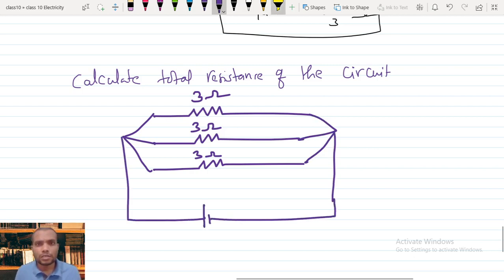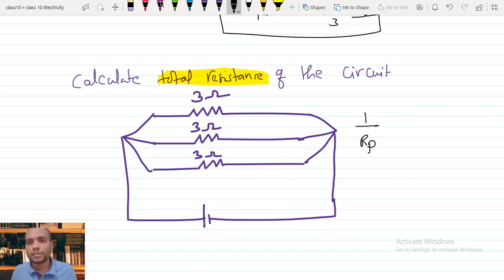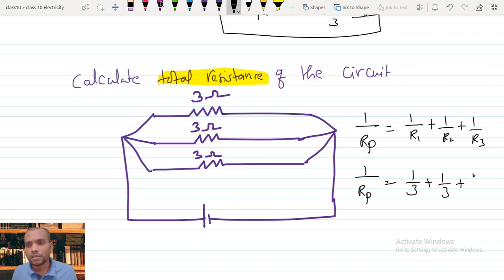We need to find the resultant resistance. What is the total resistance? Since they are connected in parallel, what is the formula? 1 upon R suffix P equal to 1 upon R1 plus 1 upon R2 plus 1 upon R3. So 1 upon Rp equal to 1 over 3 plus 1 over 3 plus 1 over 3.